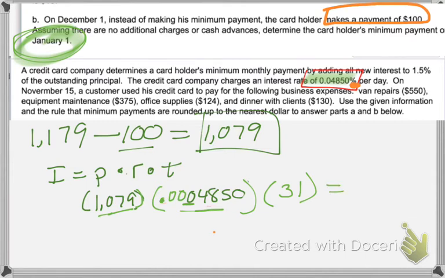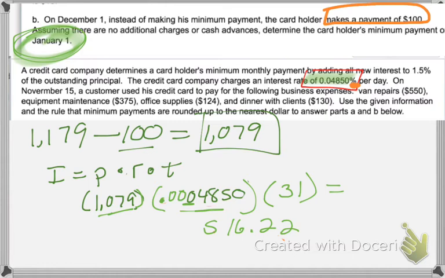If I do so, I get 16.222765. Because we're dealing with money, we usually round to the second decimal place because we've got cents. Because the number next to it is smaller than 5, I'm just going to round it to 16.22.